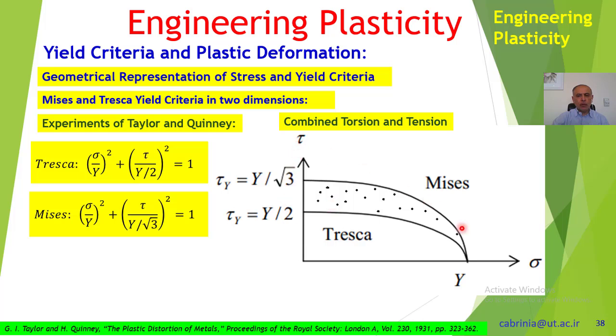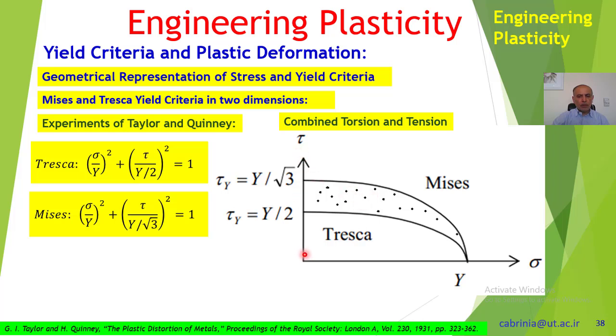Therefore we have tau and sigma at the yield point, so we find one of these points. Then we change the combination of the loading. For instance, we increase the tension and then apply the torsion and increase it until we reach another point of yielding.